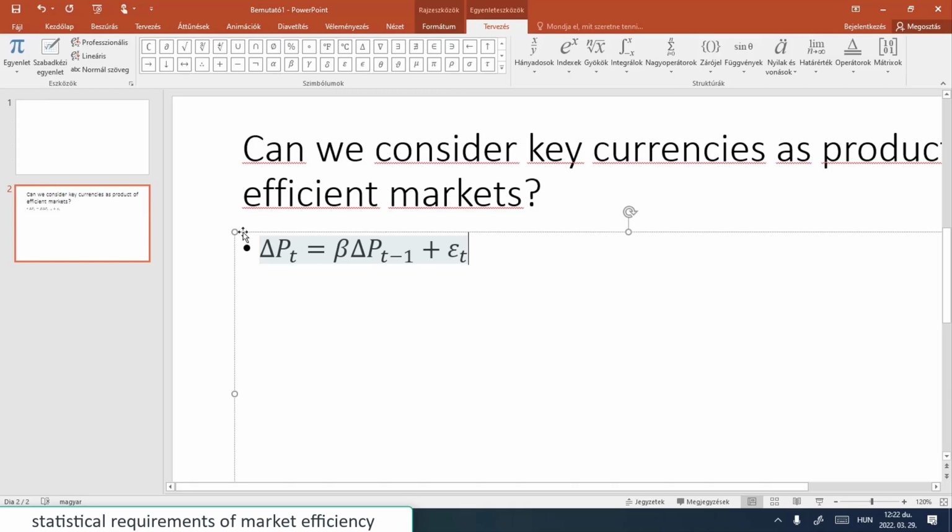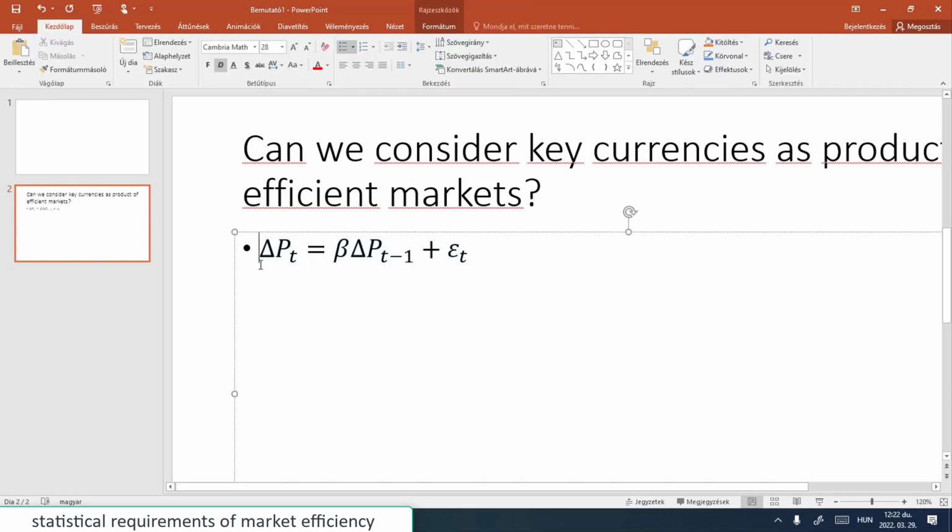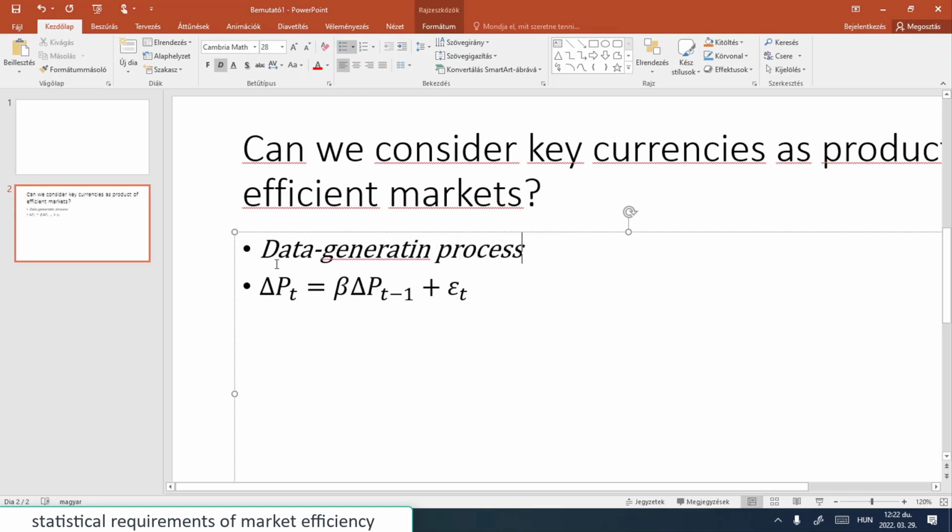So the data generating process can be something like this, and this is when the price remembers its previous value.